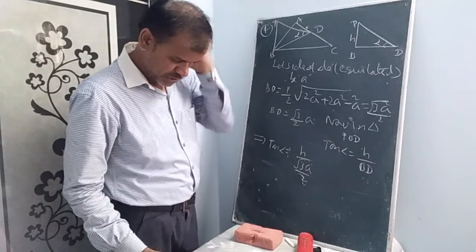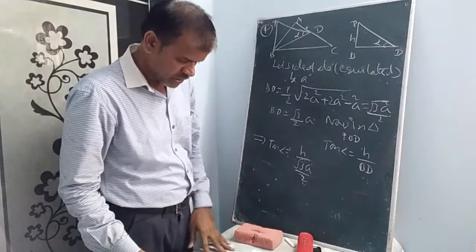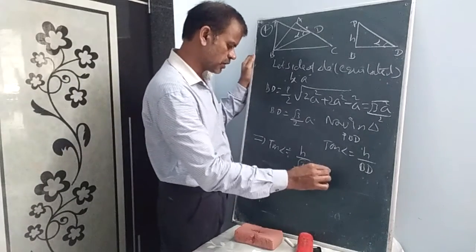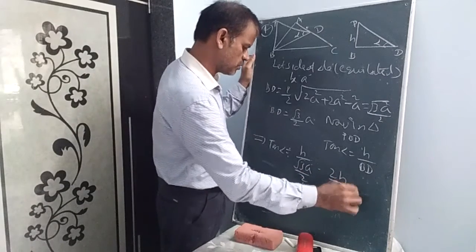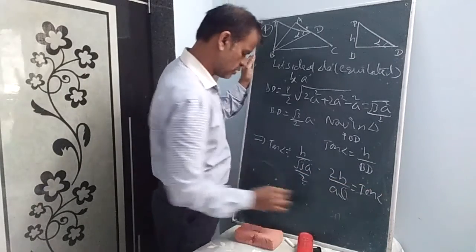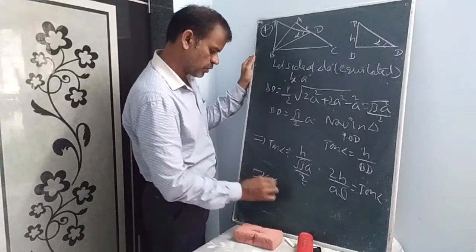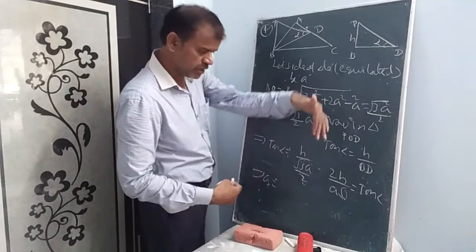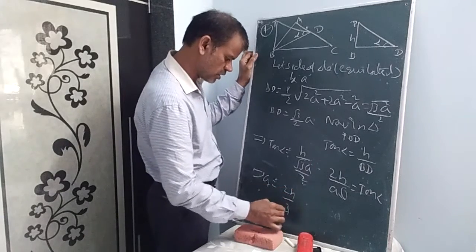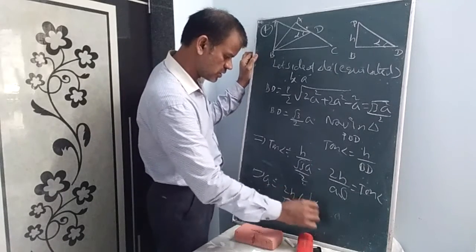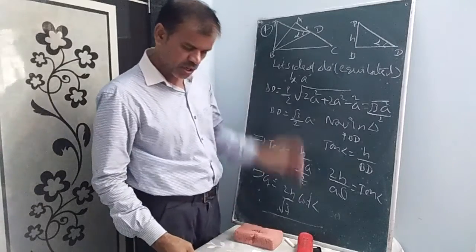Read it: he is asking the length of the side. So a we need to calculate. I am writing here 2h by a root 3 is equal to tan alpha. Now a we need, that implies a is equal to 2h by root 3 tan alpha. So we can write a is equal to 2h by root 3 cot alpha.